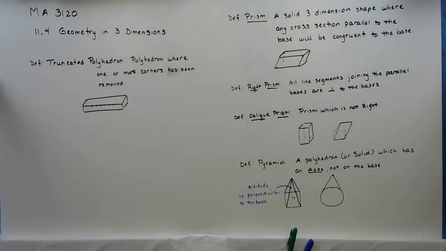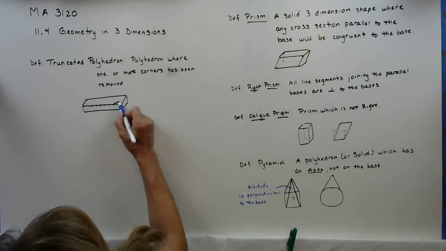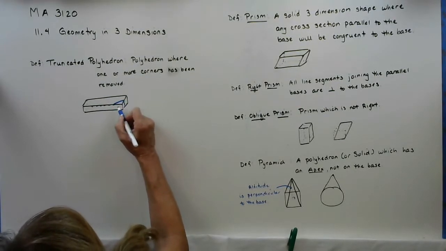But imagine you come along and you decide you want to cut off part of this cake. So you decide you want to cut off this wedge right here.